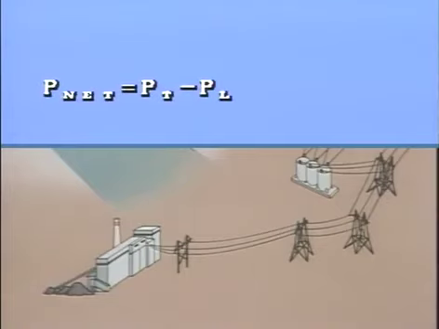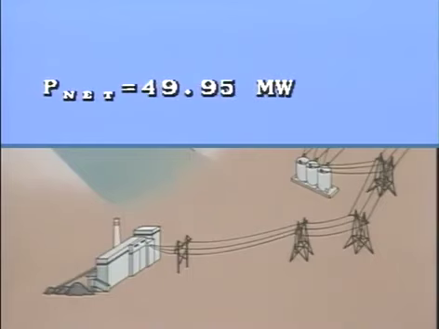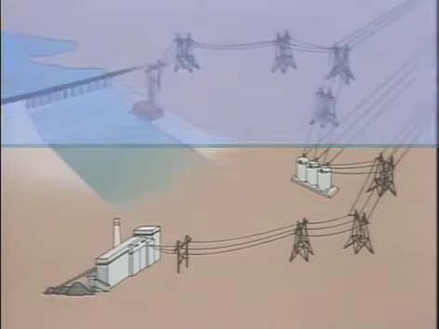Now, taking the power transmitted and subtracting the power loss as before, we get the net power at the distribution station. 50 megawatts of transmitted power minus a power loss of 0.05 megawatts equals a net power of 49.95 megawatts.